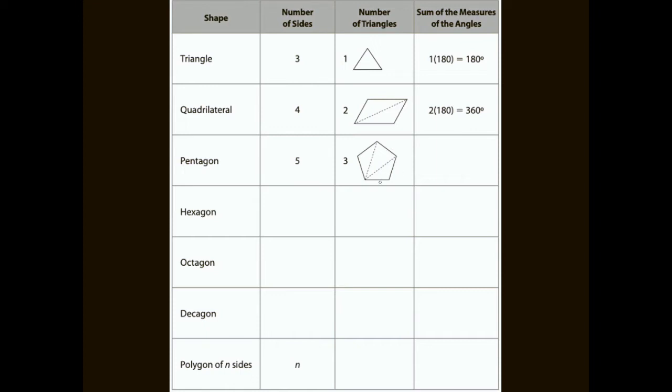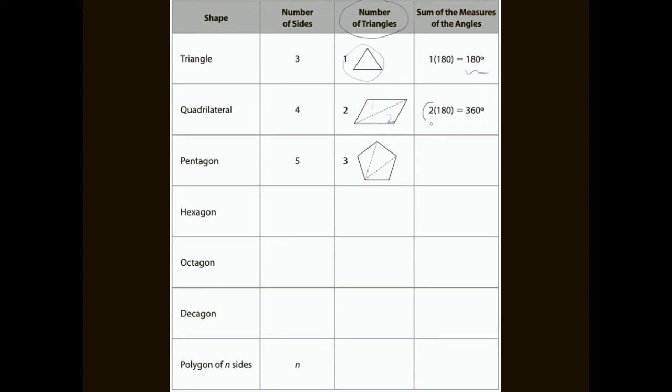So again, we have a triangle, quadrilateral, pentagon, hexagon, and then we move on to some other shapes here. And they've drawn us a picture in this third column, number of triangles. So in a triangle, obviously there's only one triangle. And the sum of the measures of the angles is 180 degrees. But in a quadrilateral, if you split up this figure into as many triangles as you can, you find that you have 2 triangles.